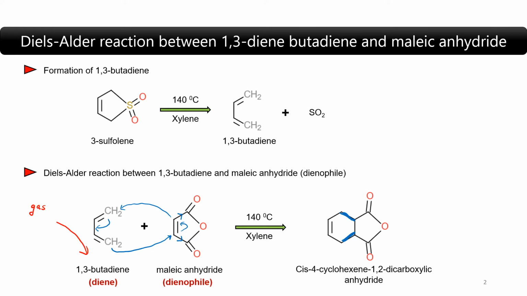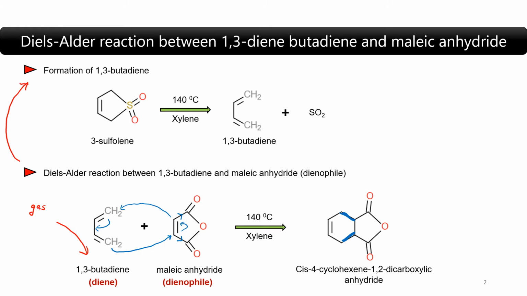Therefore, we are going to make 1,3-butadiene within the reaction mixture, and then it will react with the maleic anhydride. So that's what we're doing over here.